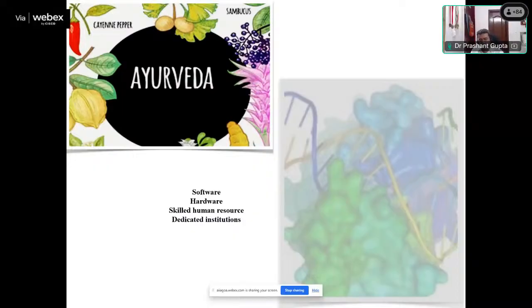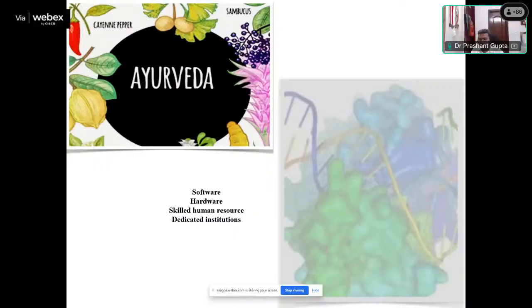Hardware means a very good GPU, or at least entry level GPUs for doing some computational work. Third, a person who can understand informatics and Ayurveda. And the fourth, which actually gives all three things at a single place.